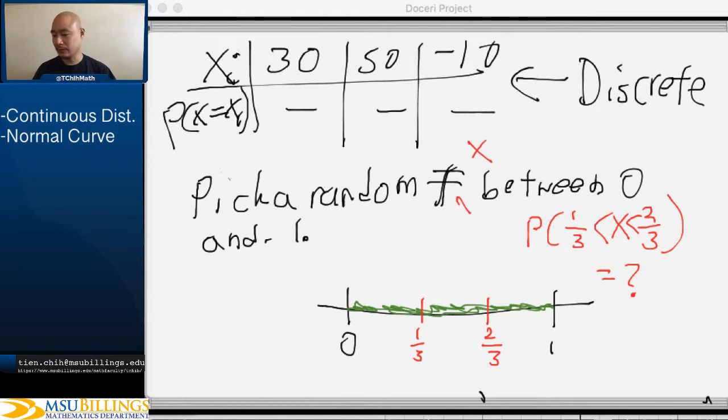And so perhaps a better way of thinking about it would be to say, all right, that's 1/3 of the total interval here. So that event probably ought to be 1/3.